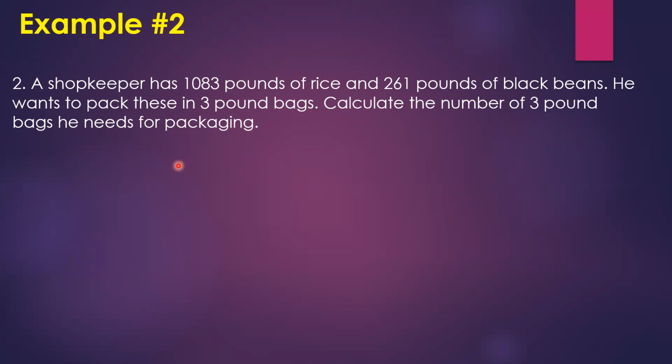He doesn't want the rice and the black beans in the same bag. So what if you find the number of pounds of rice and divide that by 3, and then do the number of pounds of black beans and divide it by 3, and then add them? That's another way, right? So that's how we're gonna do it.